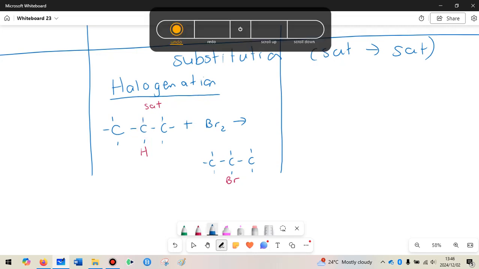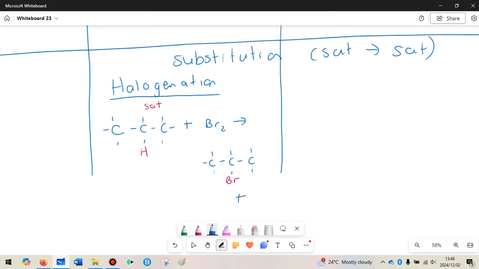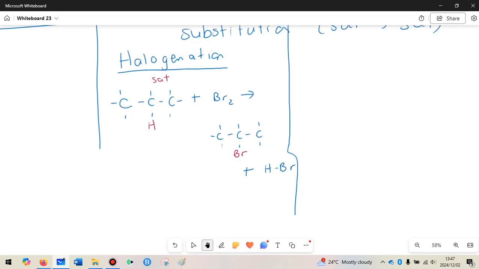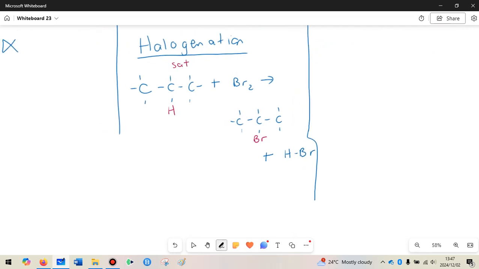Okay, but don't forget, like I just have, that you still have the hydrogen that you kicked out plus the extra halogen that didn't bond. So you still have, in this case, an HBr molecule at the end. Okay, so that's substitution halogenation. This is actually one of the tests you use to test for saturation. Okay, if you learn the rule to test for an alkane, alkene, alkyne, then you add bromine water to it.